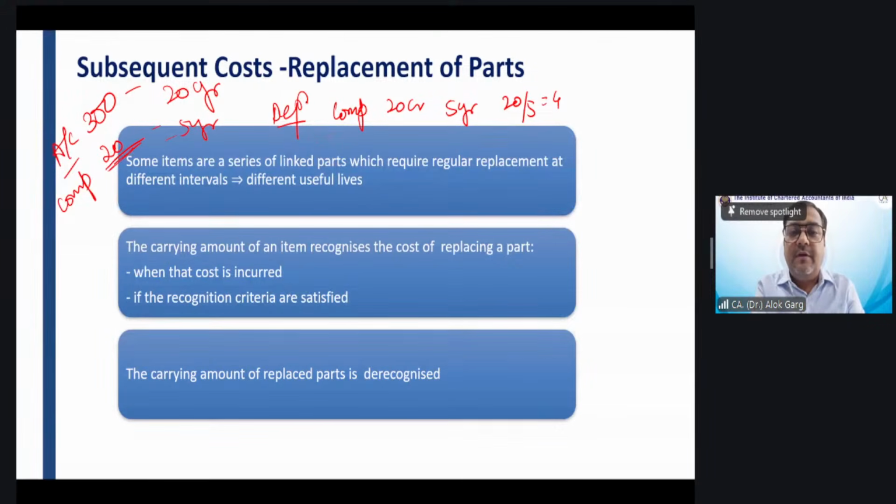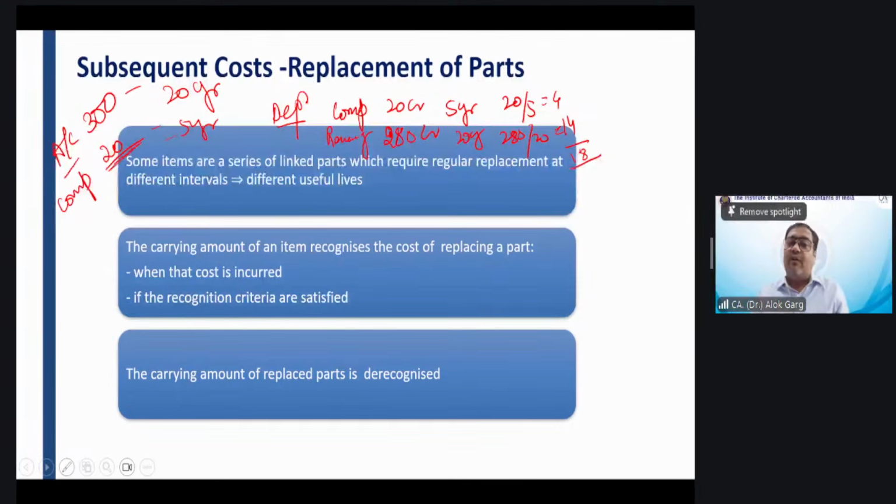And the remaining aircraft, 280 crores, life is 20 years. So 280 divided by 20, how much will it come? 14 crore. So the per annum depreciation is 18 crore.